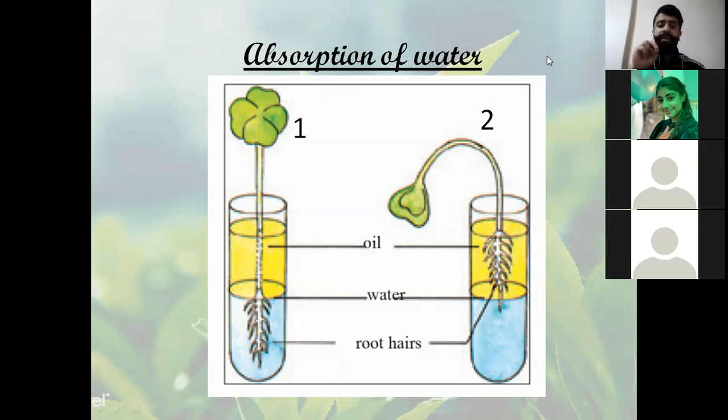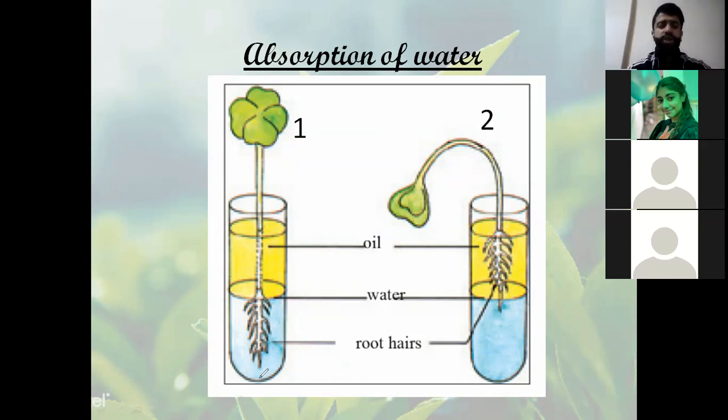We have two plants, plant 1 and plant 2. Both tubes contain oil, which is the yellow color here, and water. As you know in physics, oil and water are immiscible liquids, meaning they do not mix, according to the difference in density.